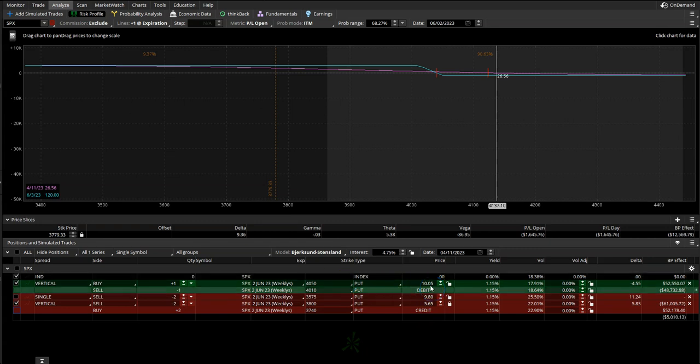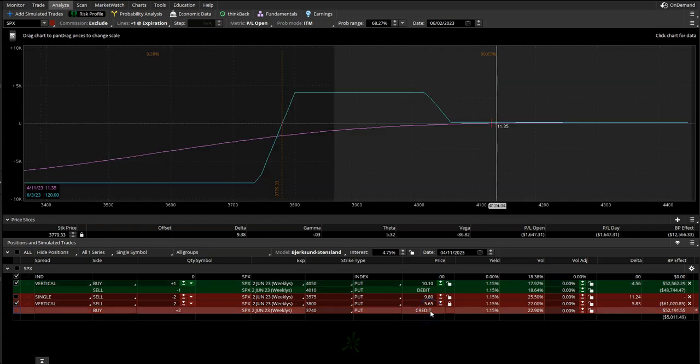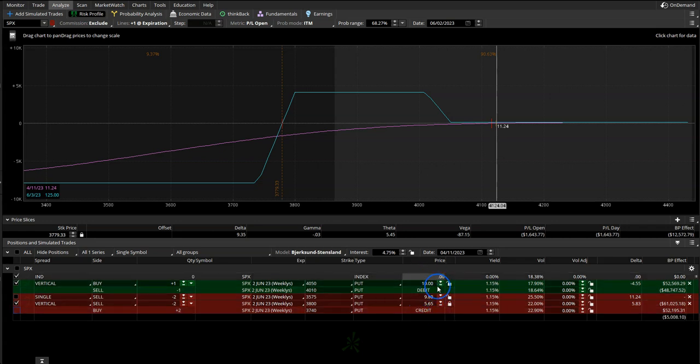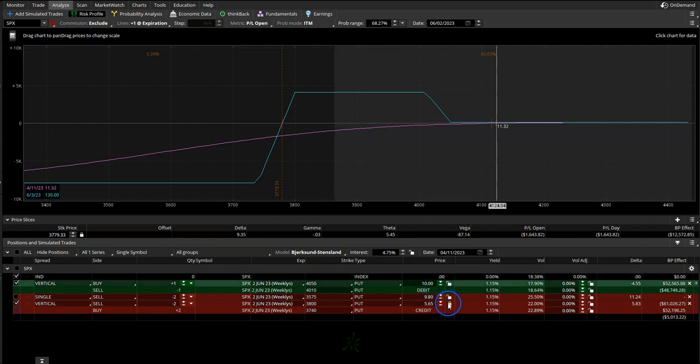So if we're paying $10 for the put debit spread and we're selling 2 of the put credit spreads for $5.65, we're collecting over $11 worth of credit for the put credit spreads. We're spending $10 for the put debit spread. That leaves us with a net credit of just over $1, or $1.30 in this case.